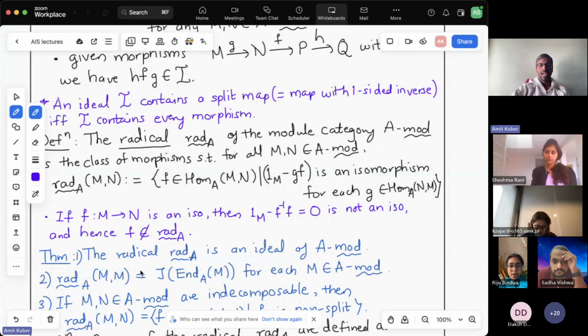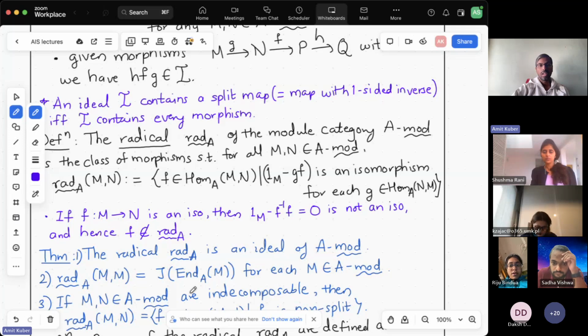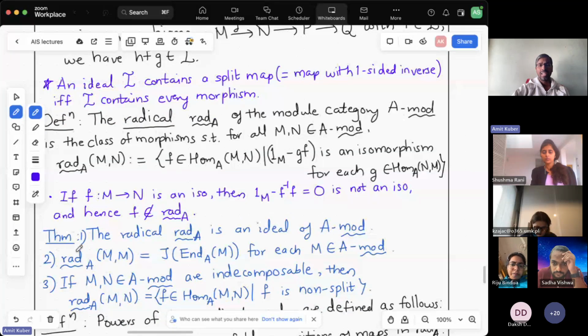And the endomorphism of the radical, rad M M, is actually the radical of the endomorphism algebra. That proof is actually very simple because of what we just saw. Because it's a local algebra. So in terms of a local algebra, what is the condition? That every element is either a unit or 1 minus A is a unit.